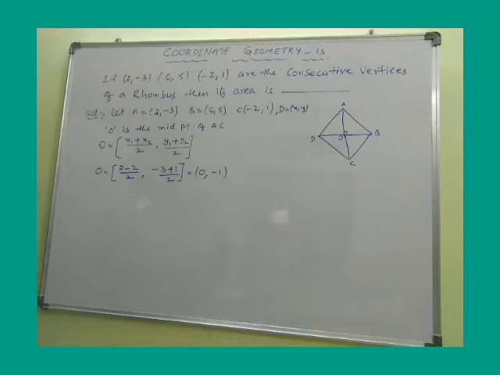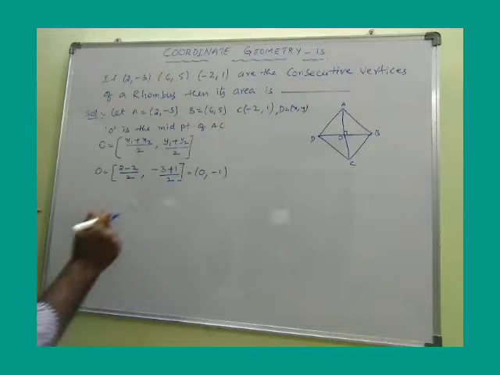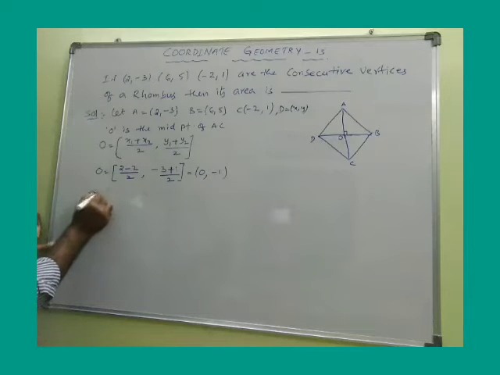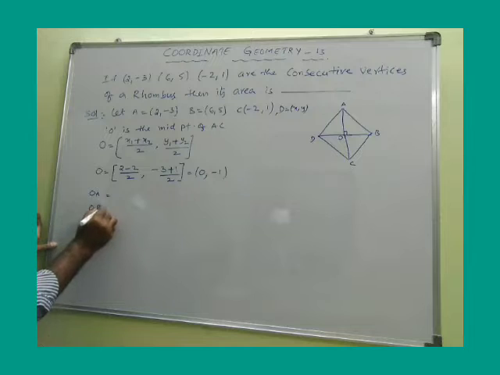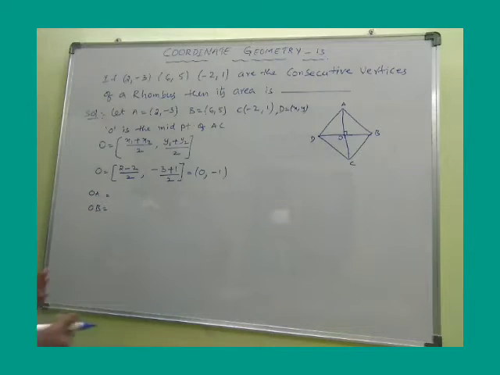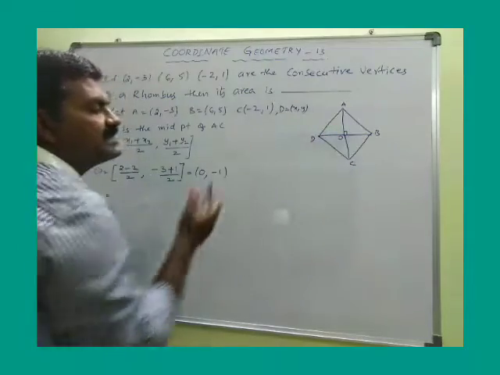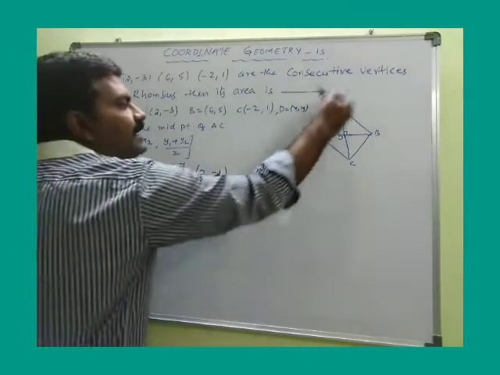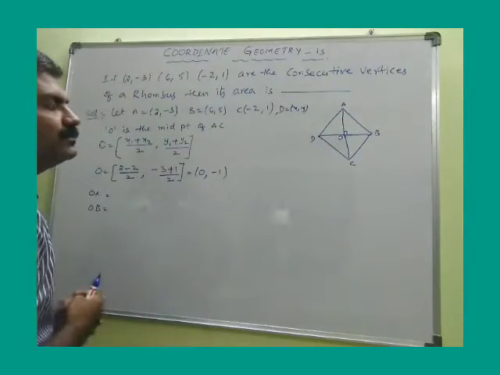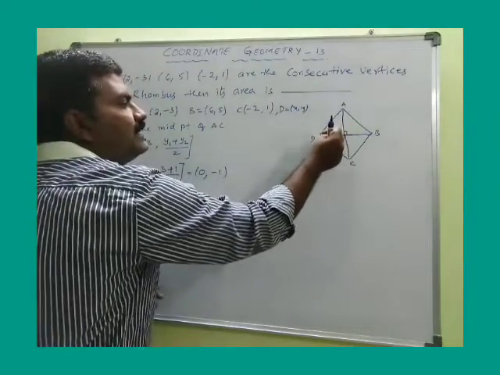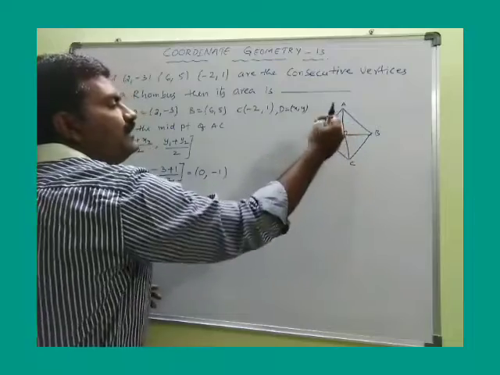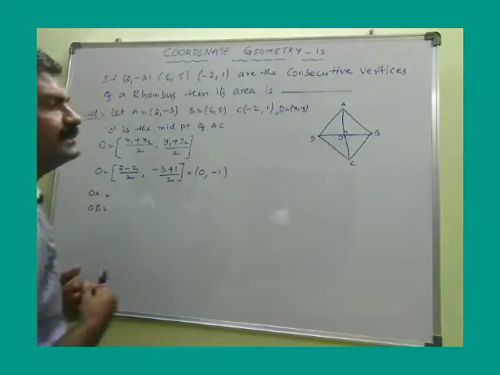So now we know the coordinates of point O. Now let me find OA as well as OB. Why? Because AC and BD perpendicularly bisect each other, the entire rhombus is divided into 4 equal triangles, and that too 4 equal right angled triangles.